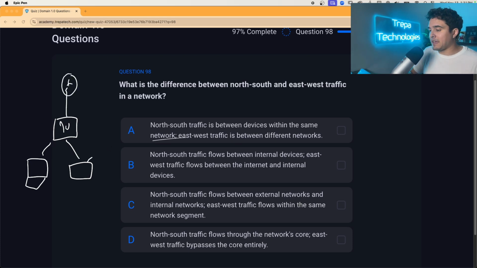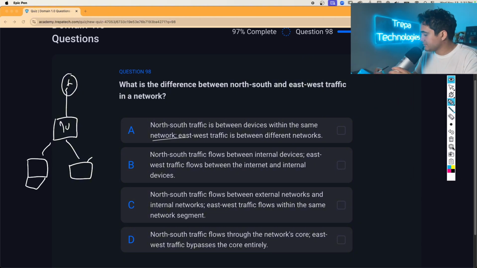However, each are on a different VLAN. So this is like VLAN 10, and this is VLAN 20. So they each have their own subnet. Let's say this is 1.1.1.0/24.